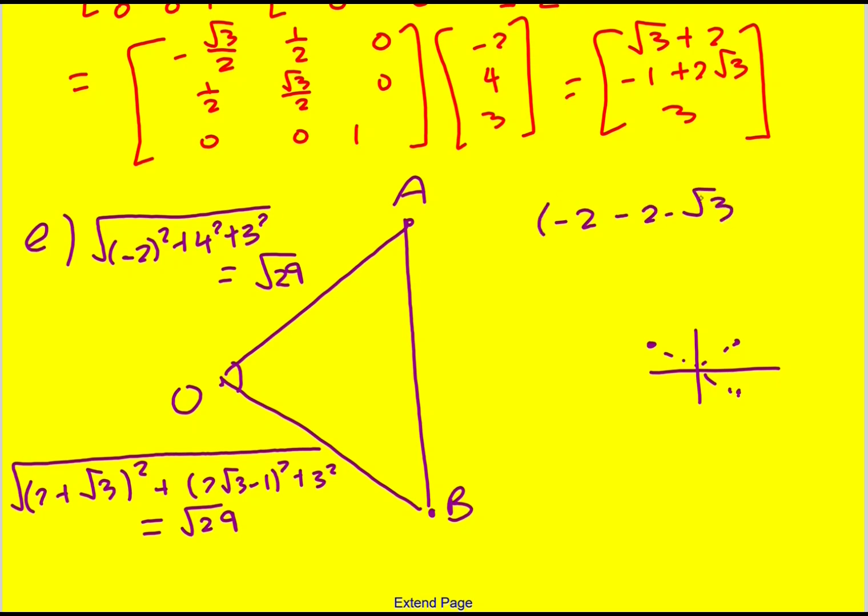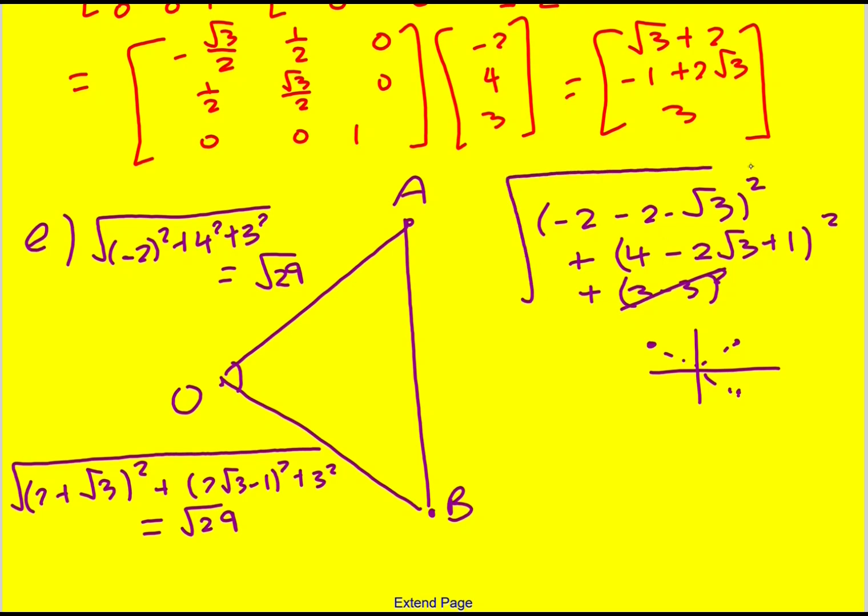That's the difference in the x values squared, plus 4 minus (2 root 3 minus 1) all squared, plus 3 minus 3 all squared. Actually, that one just cancels out. And this equals, I'm going to leave it as a third, the square root of 56 minus 12 root 3.